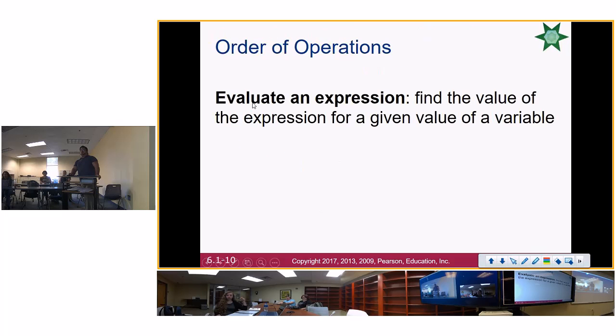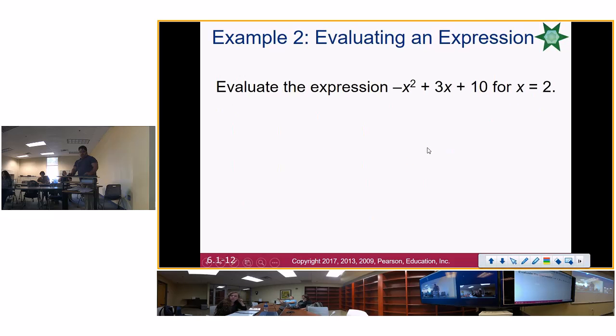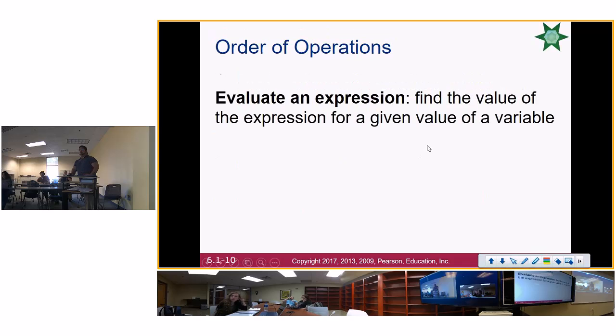Okay, write that word evaluate. And also determine. Evaluate and determine both. Don't write down this. Write down plug and chug.